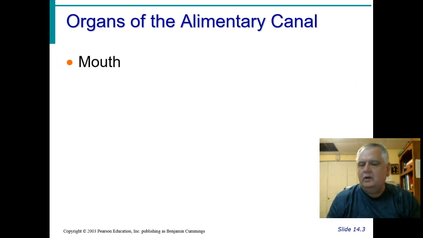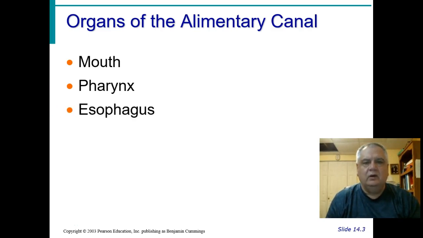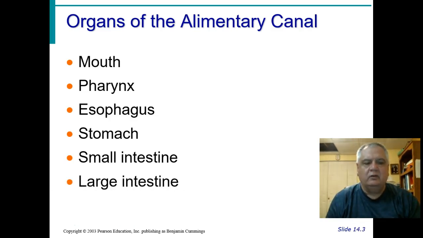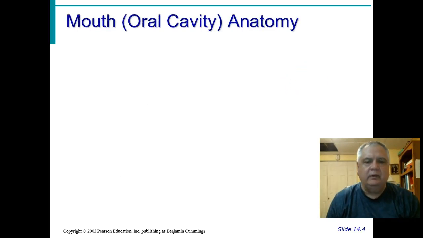The alimentary canal organs include the mouth, the pharynx, the esophagus, the stomach, the small intestine, and the large intestine. And again, these are all organs through which the food is actually going to pass during the digestive process. And of course, at the end of the large intestine, we see the anus as well, the opening to the outside.